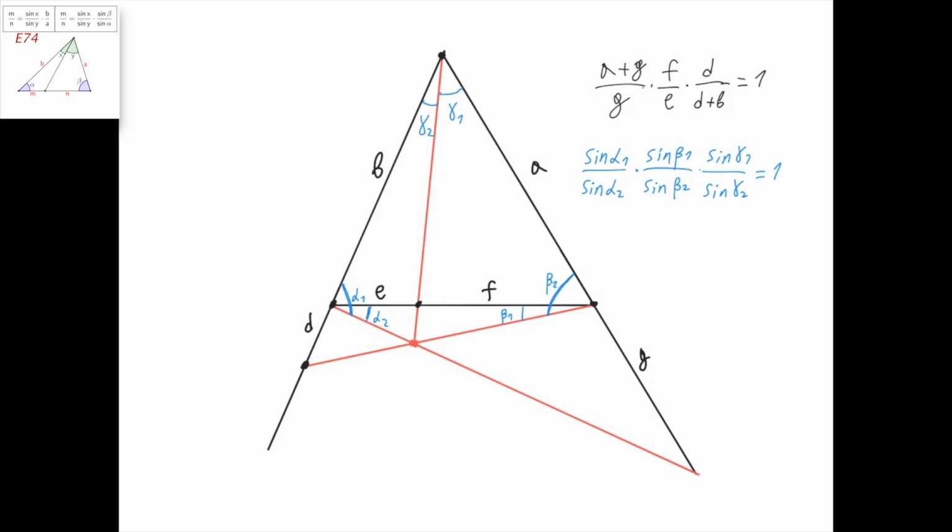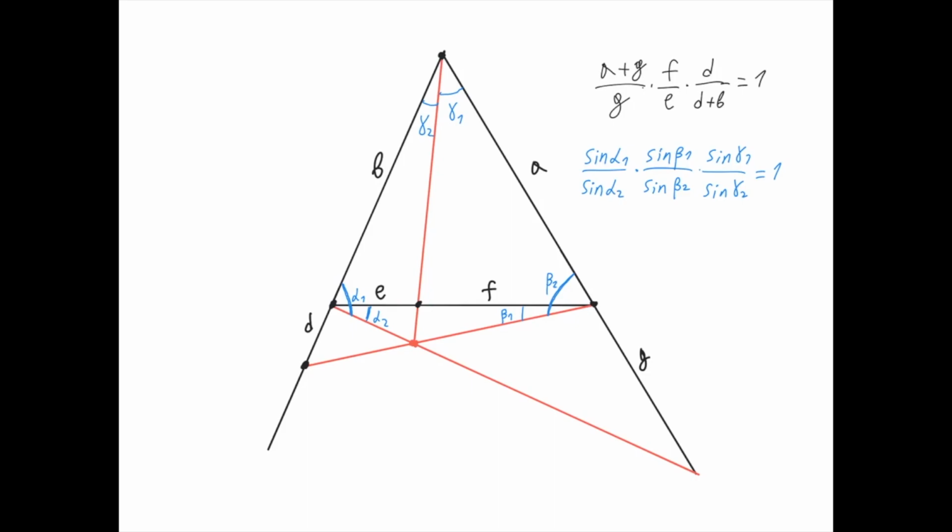And finally, you apply the law of sines for this triangle and this triangle, and you get sine of alpha 1 over sine of alpha 2 equals a plus g over g times c over b. The a, b, and c cancel out, and then you get that this expression equals this expression. Exactly the same as in the case when this point was inside of the triangle.